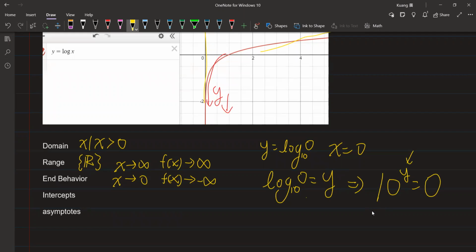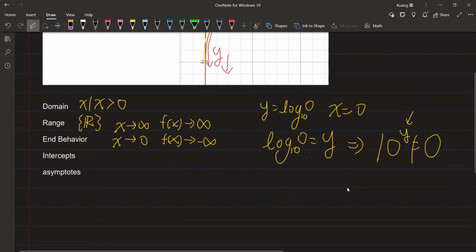No matter what y is, there's no such y that makes this 0. So there is no y-intercept, because when you plug in x equals 0, there is no solution for y, which means no intercept between the function and the y-axis.